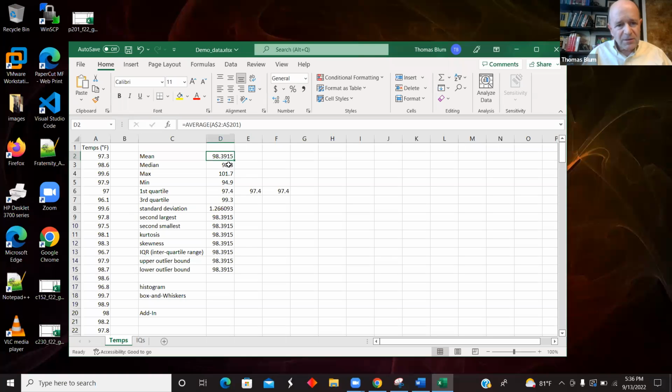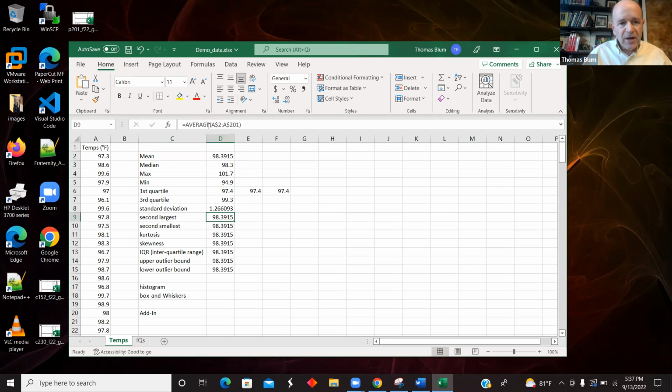Sometimes which one you choose to represent the center of your distribution can depend, but in this case they were close. So they're both good indicators of the center of this distribution of temperatures.